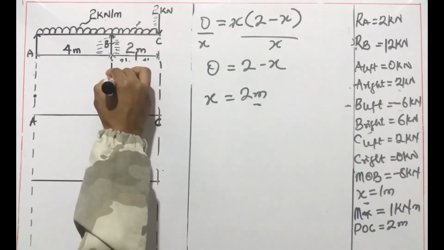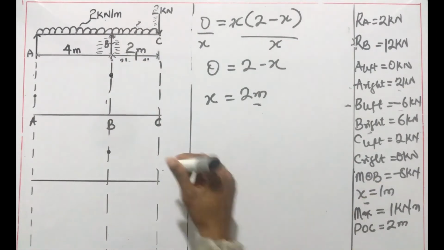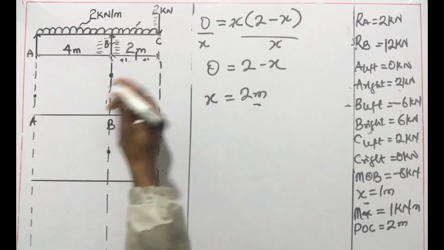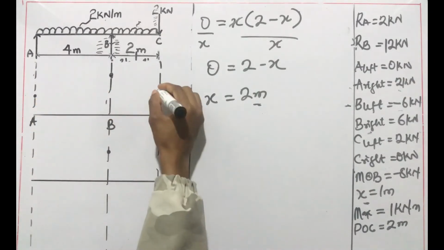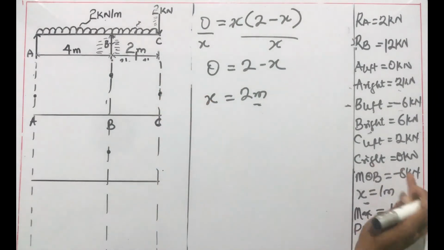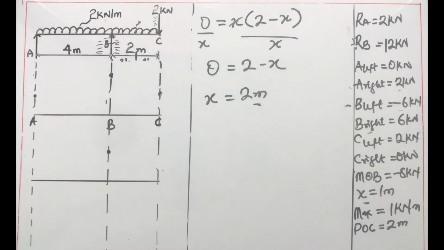B right, we have 6 kilonewton. C left, we have 2 kilonewton, on the same line as A, as it is the same value. And then C right, we have 0 kilonewton.